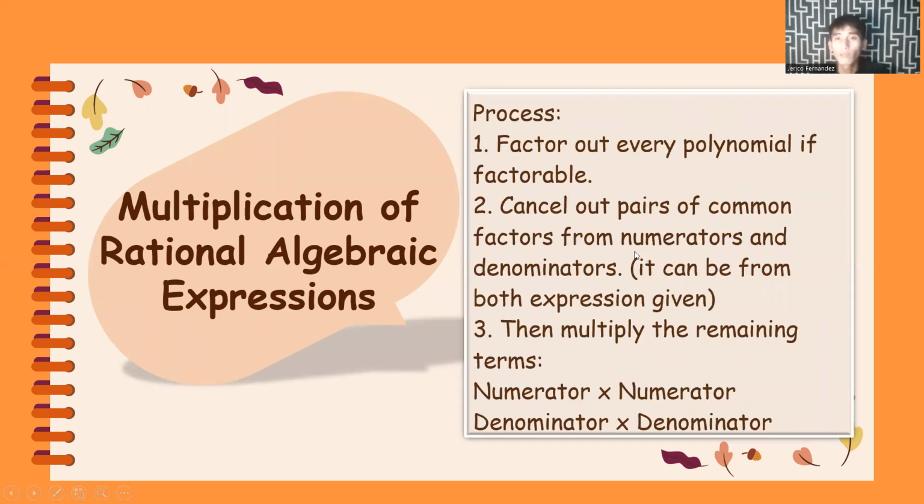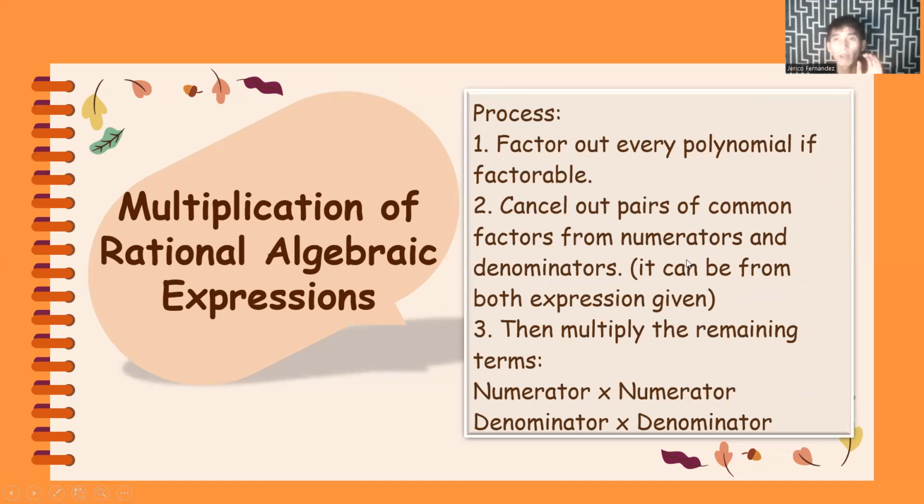First thing to do is to factor out every polynomial if factorable. So which polynomial? Every numerator and denominator. All of them will be factored out. And then, after factoring them out, cancel out pairs of common factors from numerators and denominators.